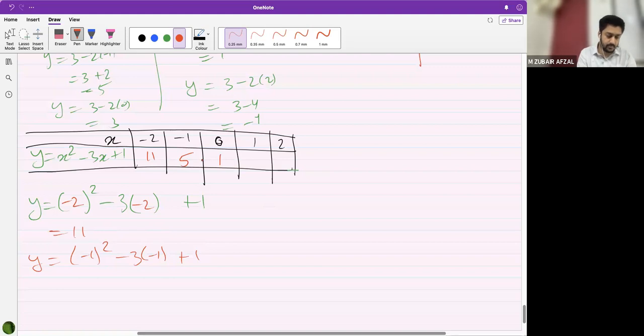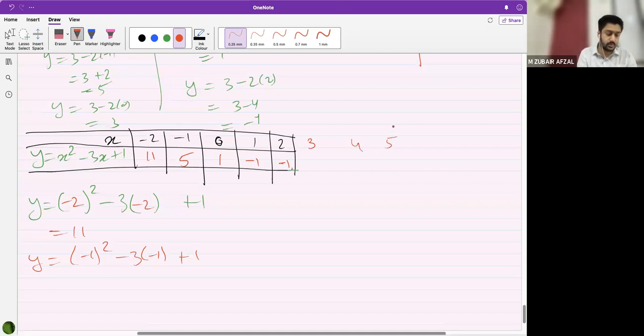When x is 1, we get -1. When x is 2, are you getting my point? The question is not too lengthy, but just to show each other what we are doing. At 2 is -1 again. So if we have to do it for 3, 4, 5, that won't take long.